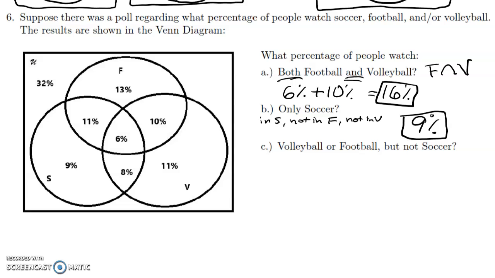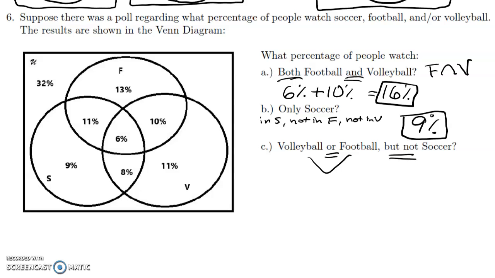Now this last one asks for football or volleyball. Sorry, I read it in backwards order, but volleyball or football, and then, but not soccer. So first, let's think about this part, volleyball or football. It can either be in volleyball or it can be in football.